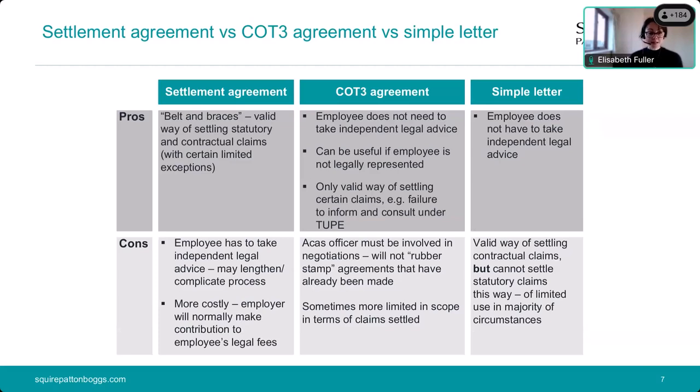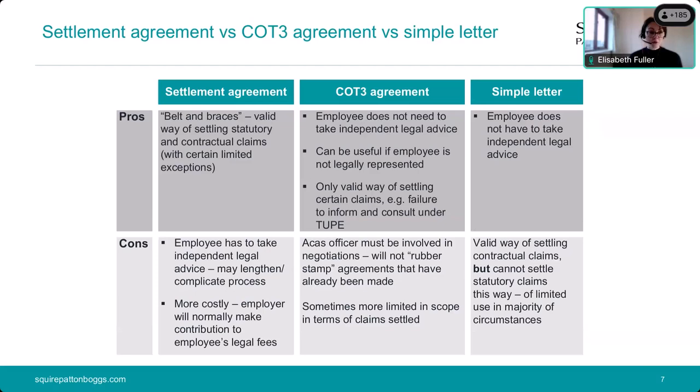The arguable downsides to using a settlement agreement are, like I said a moment ago, because the fact that the employee has to take independent legal advice on the terms of their settlement agreement before signing it, which can mean often that this complicates the negotiation process, and it can also lengthen the negotiation process as well. It can also mean, finally, that the process is more costly for the employer, as normal practice is for the employer to make a contribution towards an employee's legal fees.